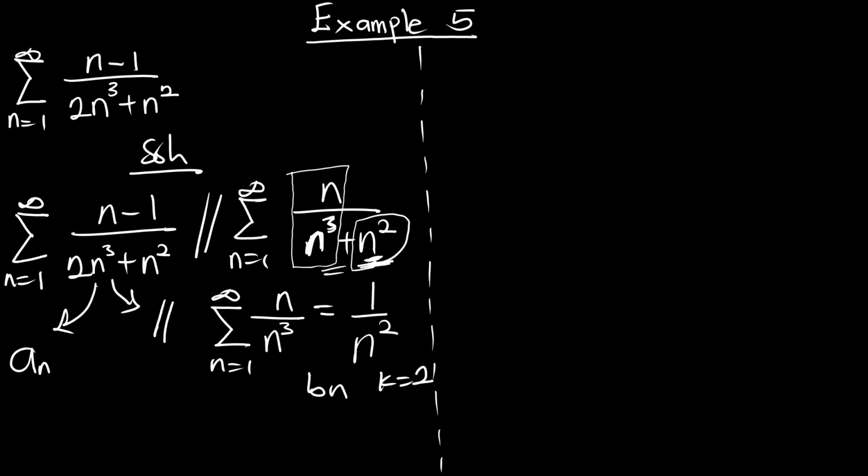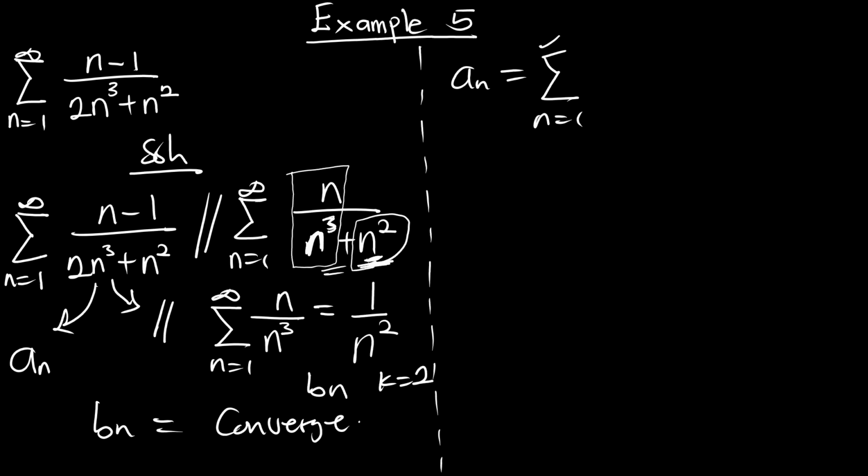And for values of k greater than 1, the series Bn is going to converge. Then if Bn is converging, then An, which is the whole series, the summation from n equal to 1 to infinity of n minus 1 on 2n cubed plus n squared, is also going to converge.